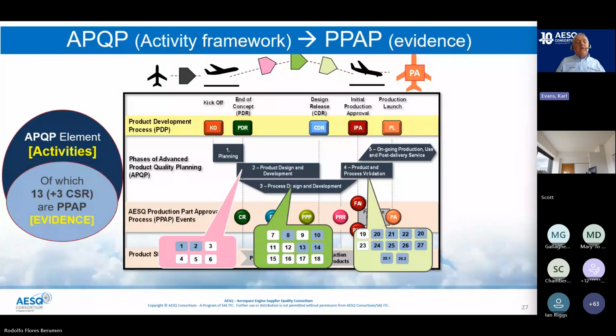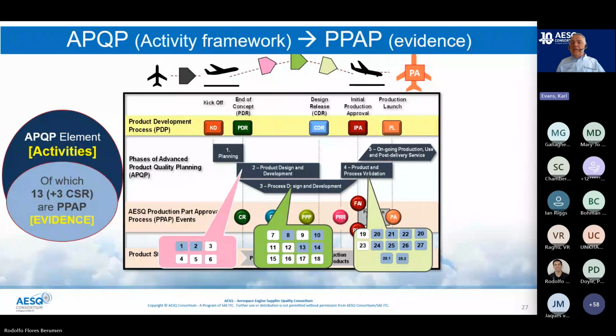Of the list of elements we've just talked about today, I know we haven't gone into details of what they are, but of the number of elements that are available to be used with APQP, a subset of those are focused on, and they are the pieces of evidence that we'll look for. So what's really pleasing is the word evidence is coming from the majority of you, which is good. That's the role of PPAP.